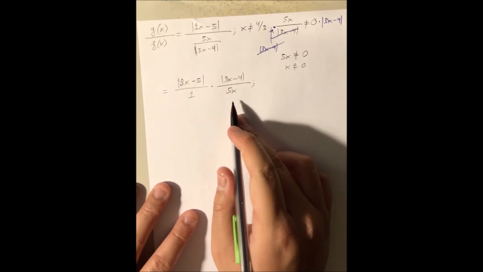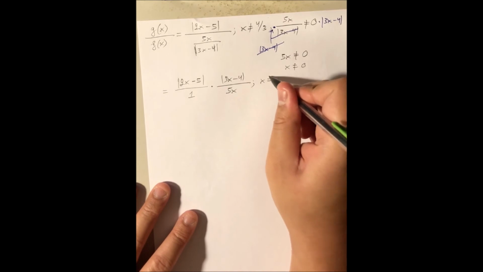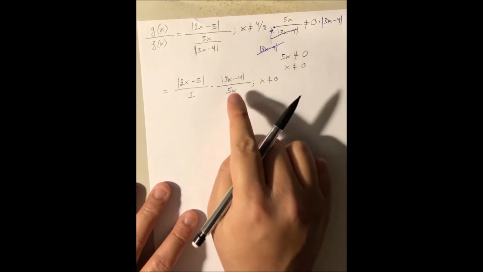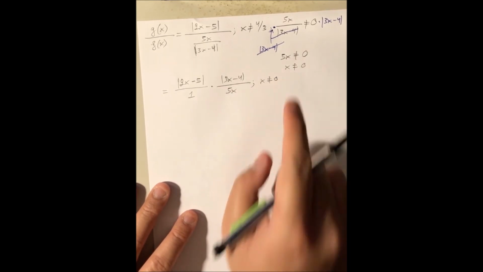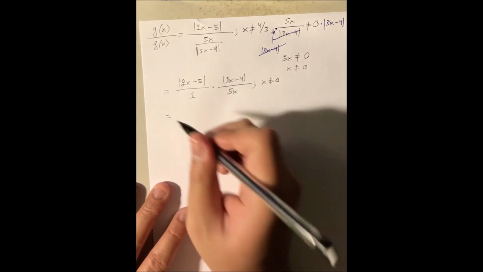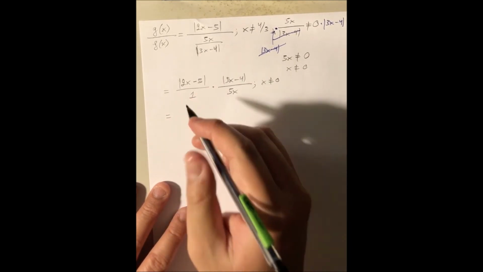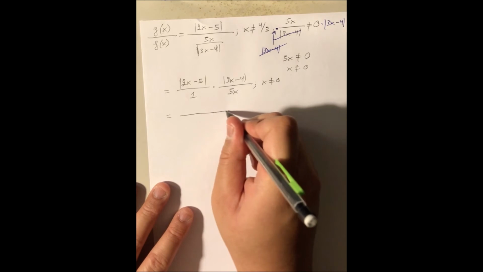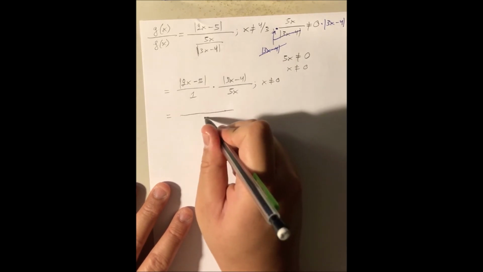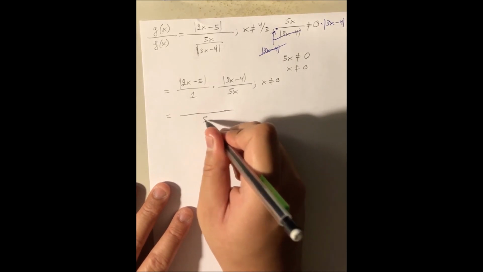But we can tell at these steps that x cannot be equal to 0 because of the denominator 5x here, and we know that it's up here.